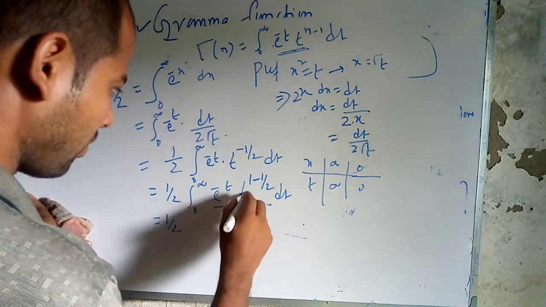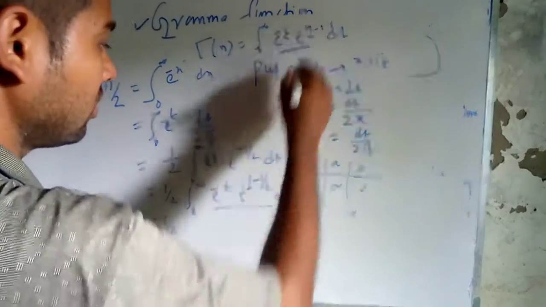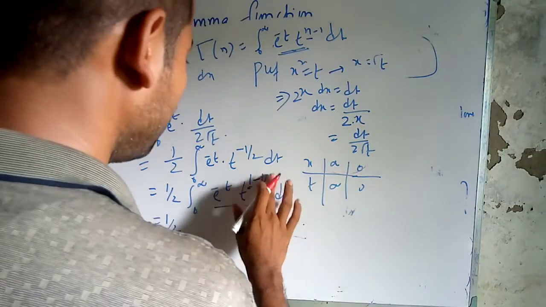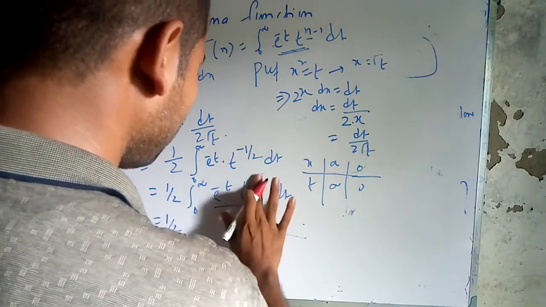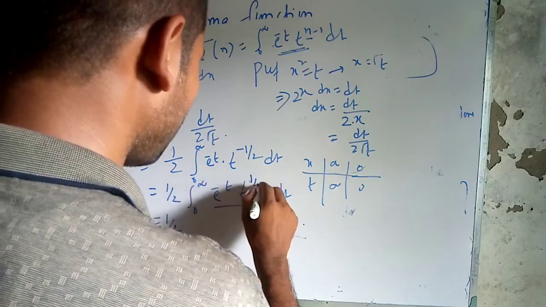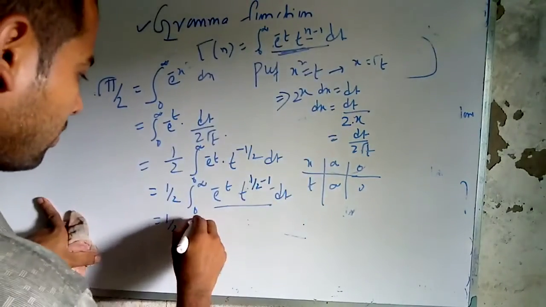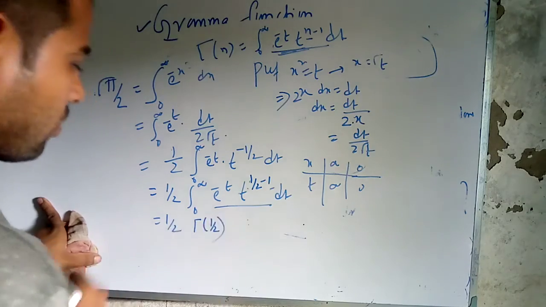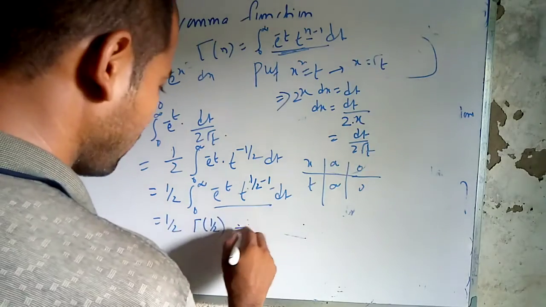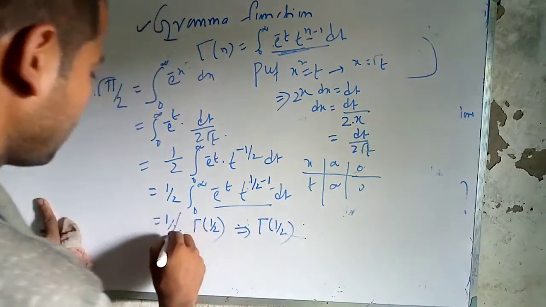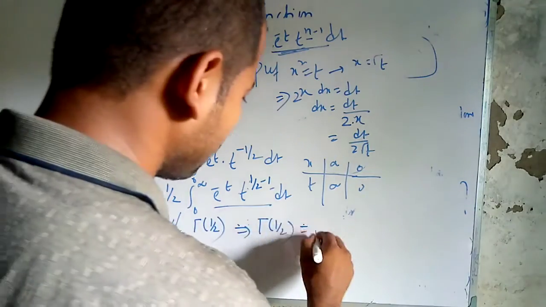Hence it can be written as the gamma function of half, where n is half, since the exponent is half minus 1. So gamma of half equals, the halves cancel, root over pi.